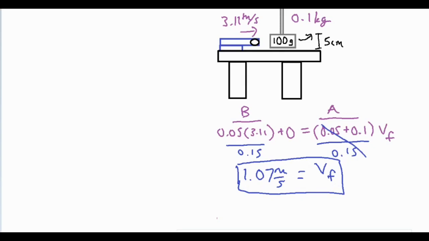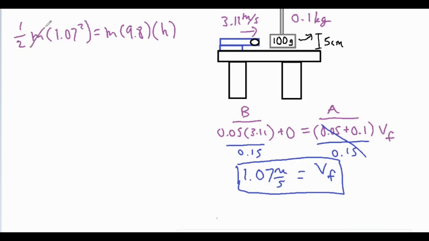Now, with that being said, we know that the kinetic energy is going to be converted to gravitational potential energy. So we know that 1/2 mass times this velocity squared is going to equal our gravitational potential energy, which is mgh. And then for our h value, we're going to solve for the theoretical value that it's supposed to rise up to.